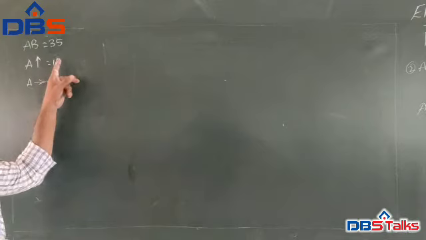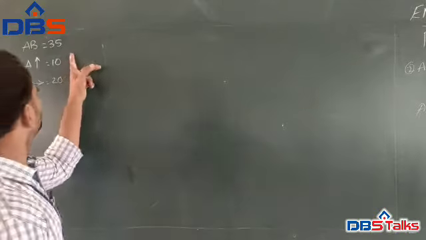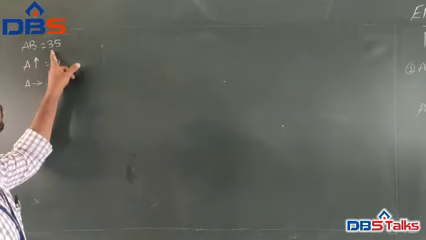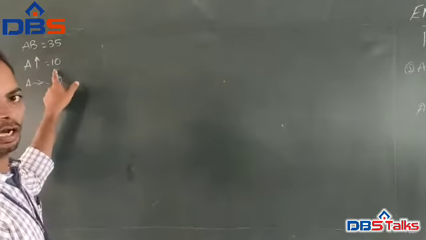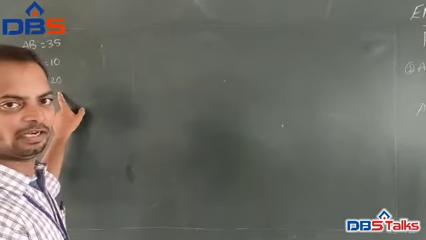Then from the given problem, write down the values of the given data. That is, the length of line AB is 35, A is 10 mm above the HP, and A is 20 mm in front of VP.